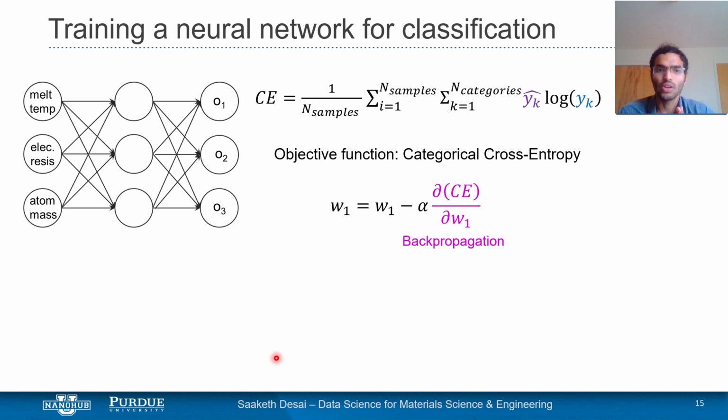So how do we train this neural network, and why are we using the softmax activation? Well, the softmax activation allows us to interpret the outputs as probabilities, just as I said before, which means that we can now define a loss function or an objective function called the categorical cross-entropy loss function, which in some sense measures the difference in the probability distribution that is predicted by a neural network and the probability distribution that is present in the ground truth dataset.